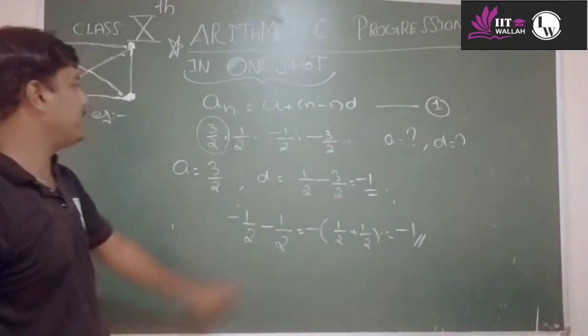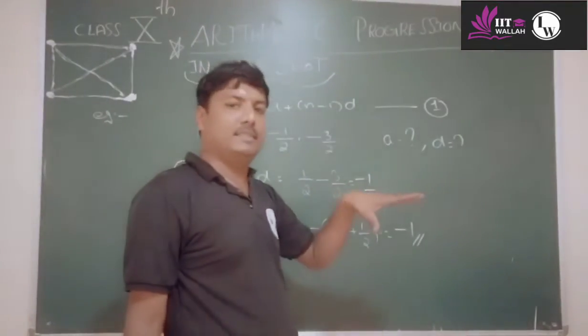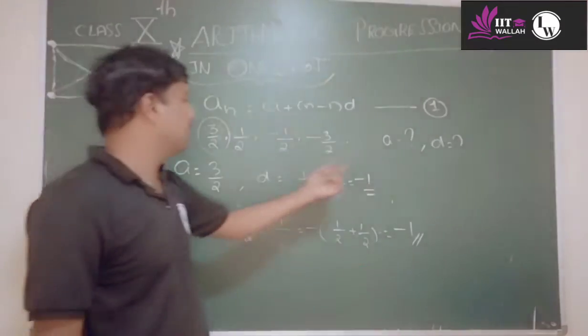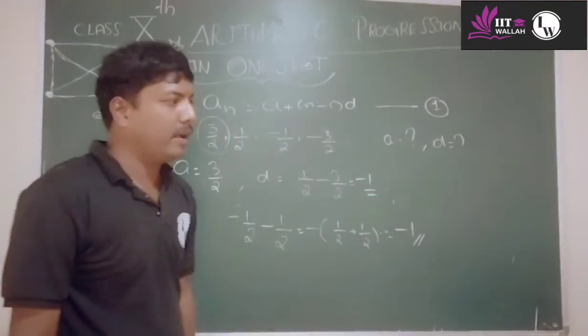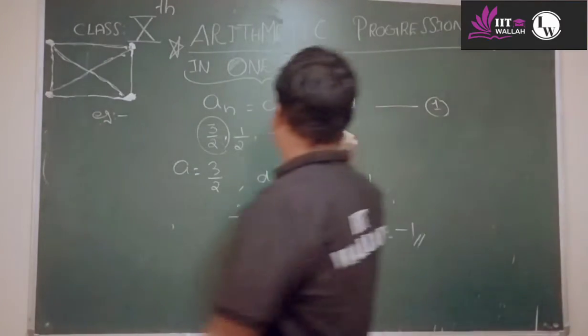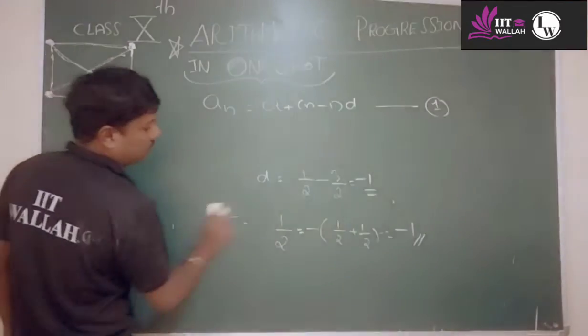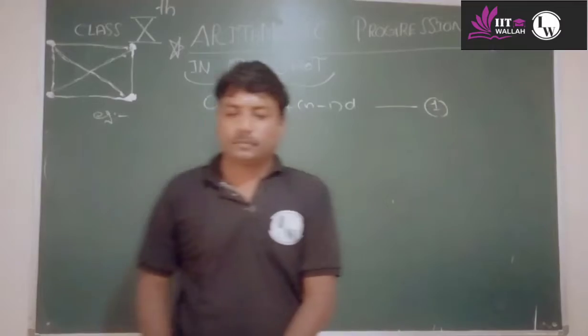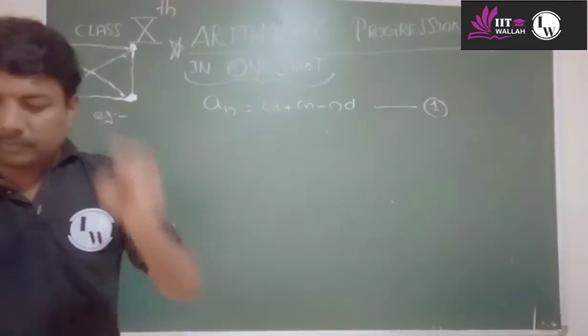If you subtract any term from its successor, the next term, you will get the common difference like this. Okay, understood? You can pause the video to note it down. We will move on to the next question.